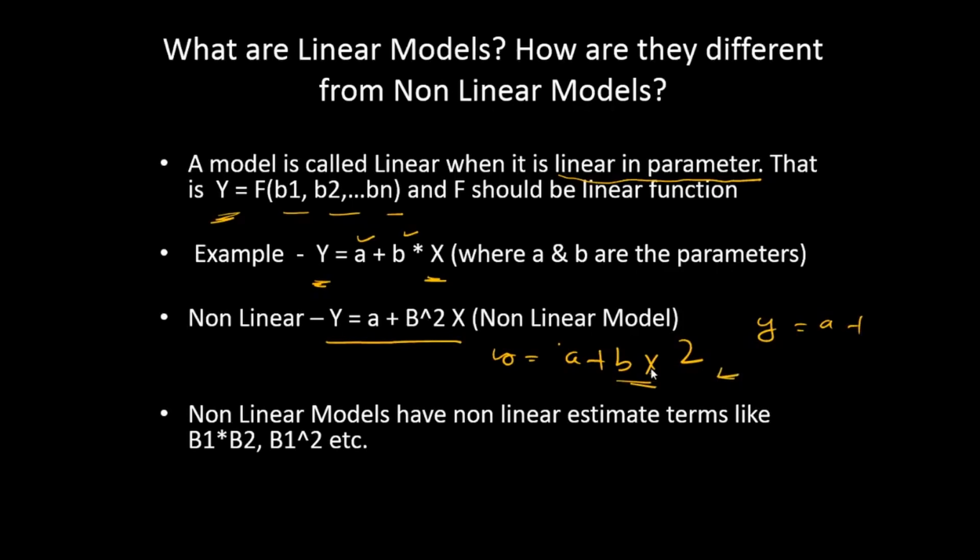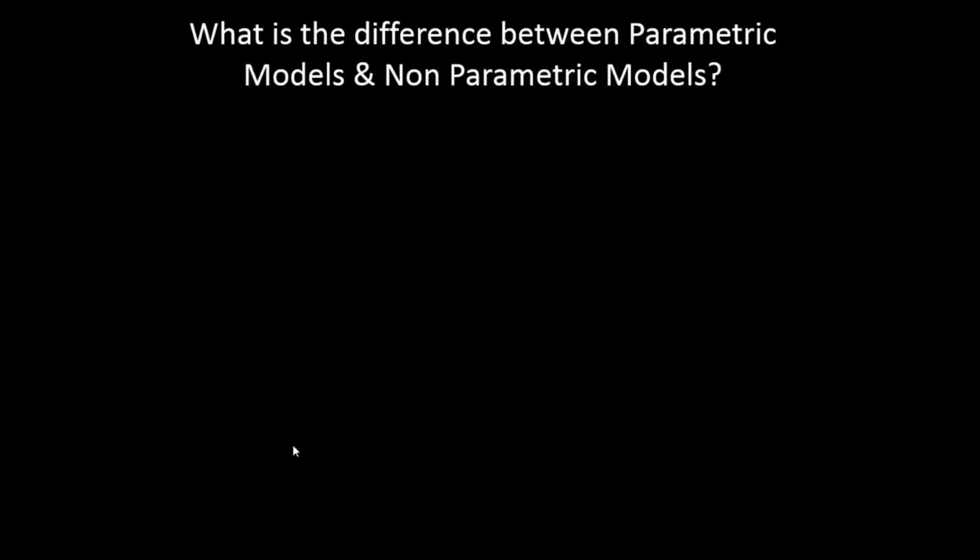This is a linear model because it's linear in parameters. a and b are parameters which are linear, so it's still a linear model. A non-linear model usually involves terms like the product of two parameters or square of one of the parameters.